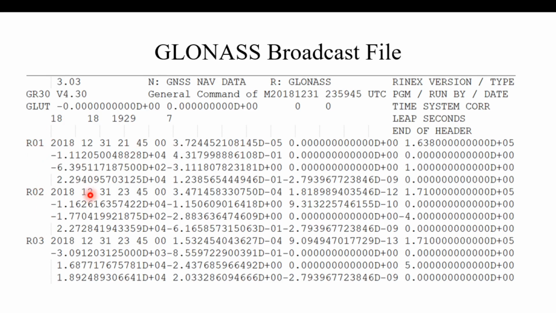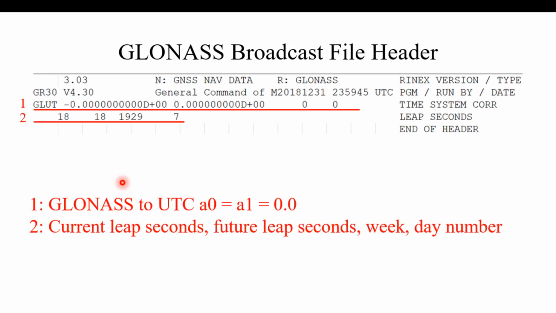In the GPS system, we had 8 lines of information, 8 rows, but here you can see these are 4 rows. We will now go into the details of what each of these items means.